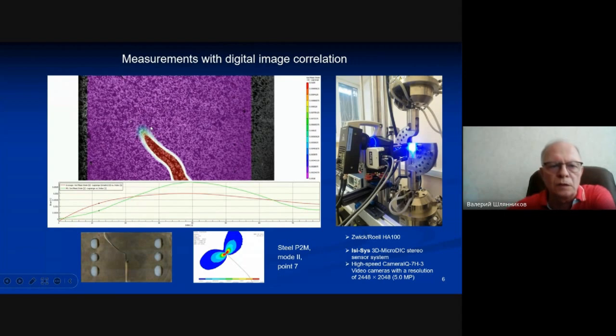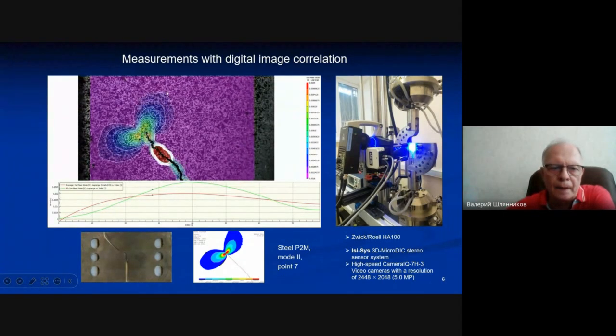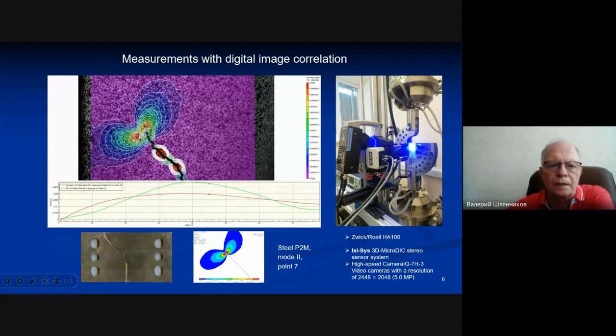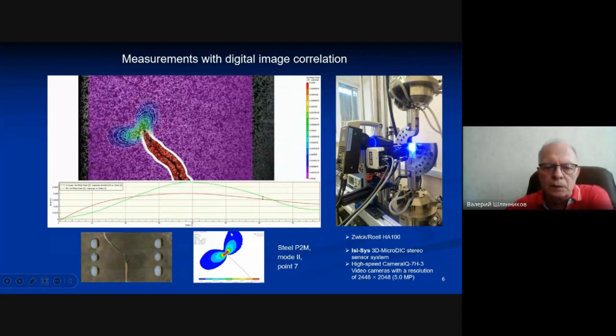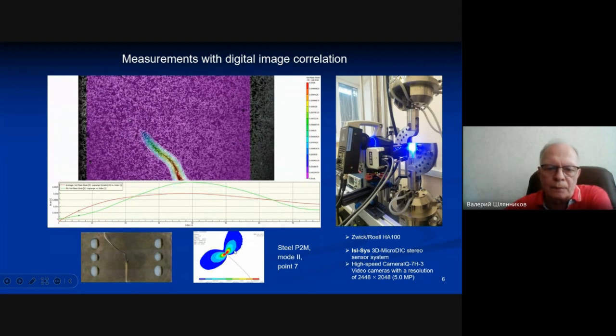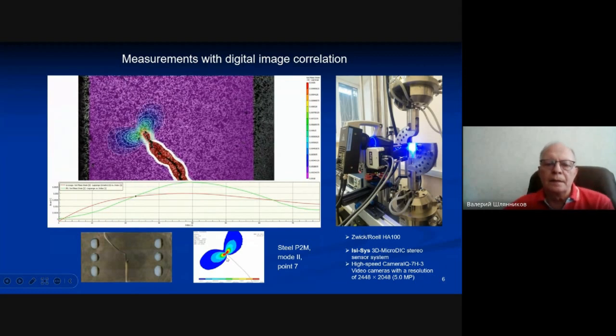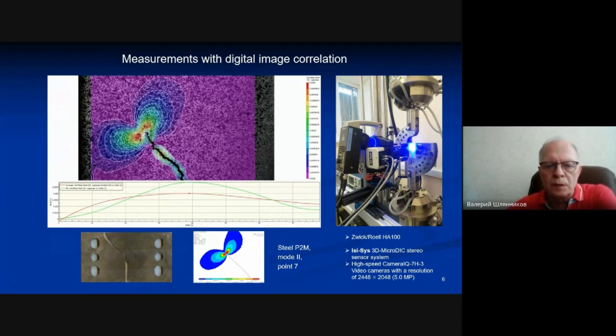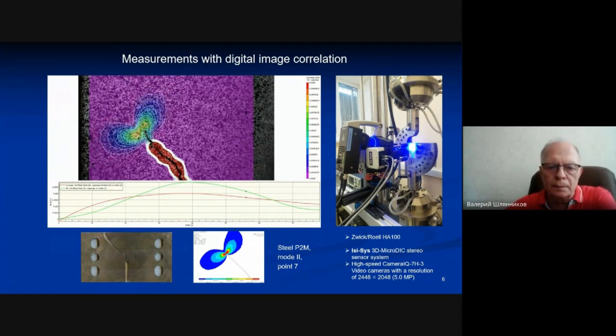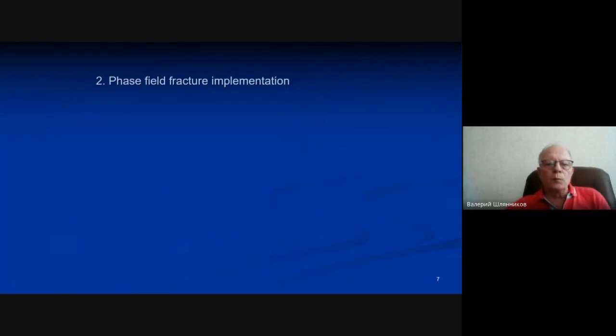It should be noted that this contour of the plastic zone is in good agreement with the form and size of the plastic zone obtained on the basis of strain gradient plasticity. And now I move to the second part of my presentation, which is devoted to crack path analysis from the standpoint of phase field fracture.